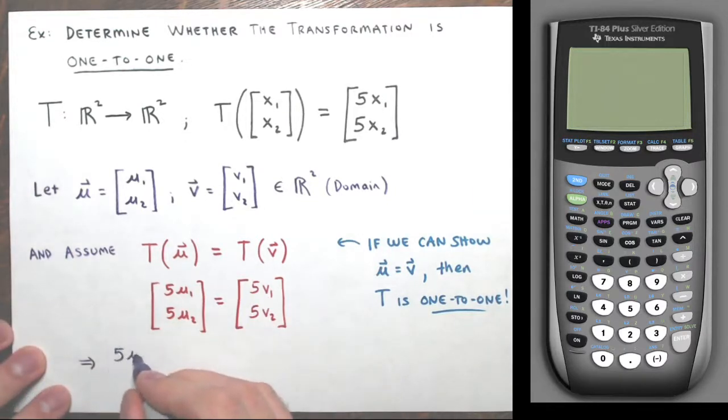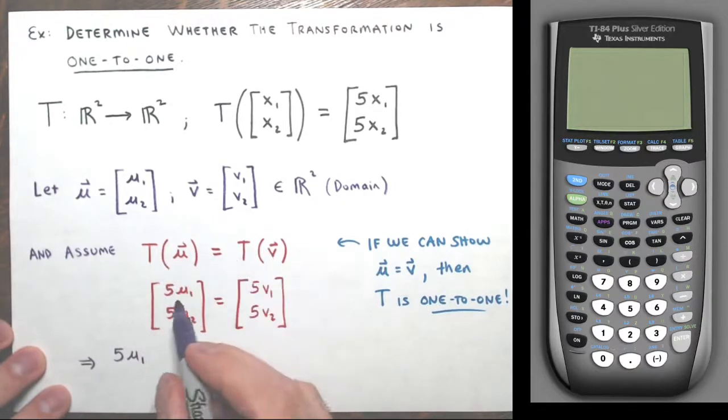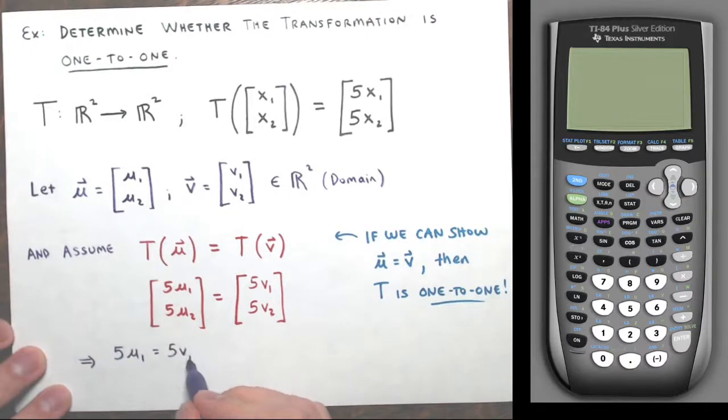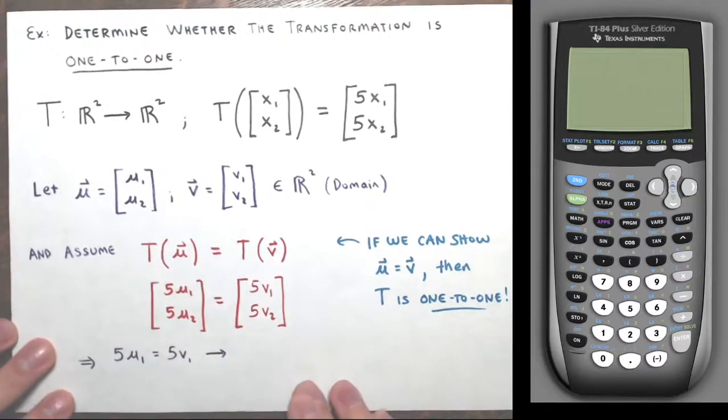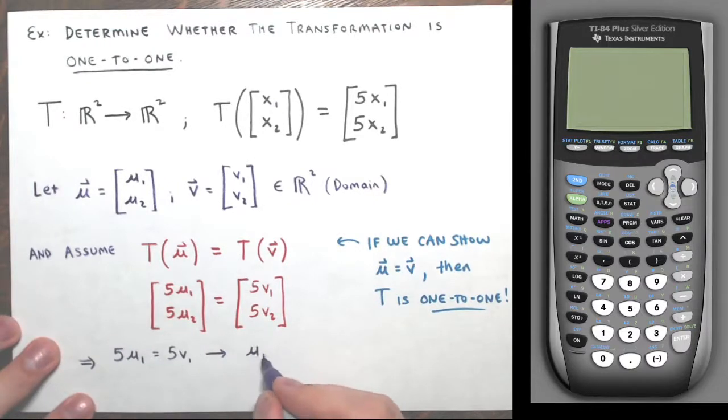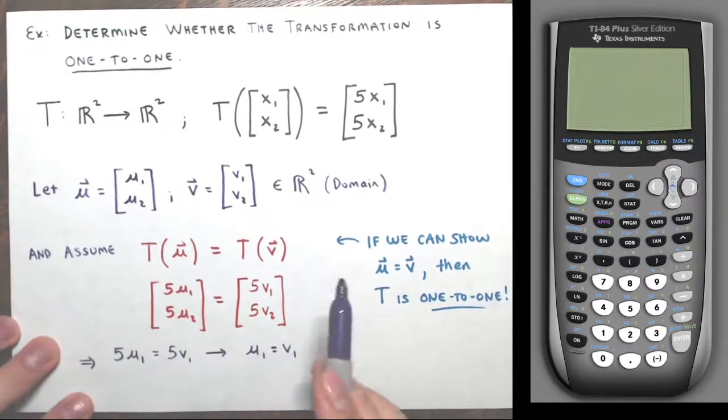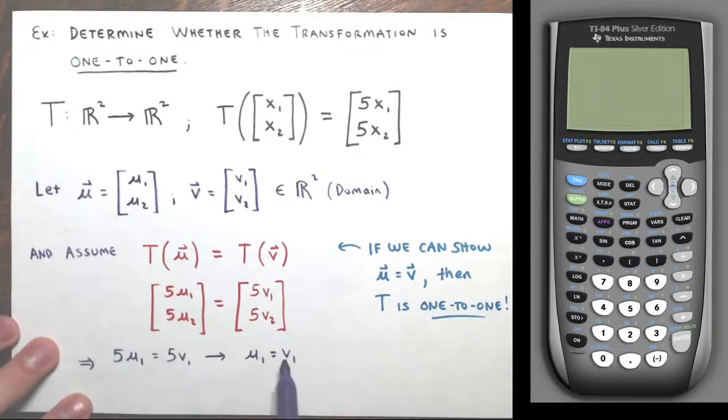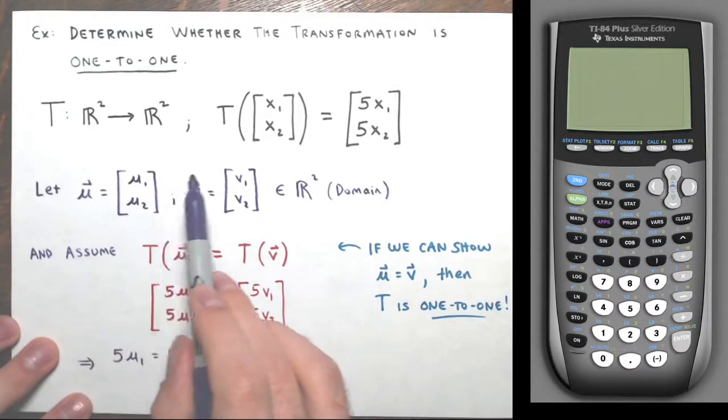This would tell me that 5u1 must be equal to 5v1, and all I would need to do is simply divide both sides by 5 to show that u1 is equal to v1. So right now I've shown that the first component of u is equal to the first component of v. So I'm halfway there.